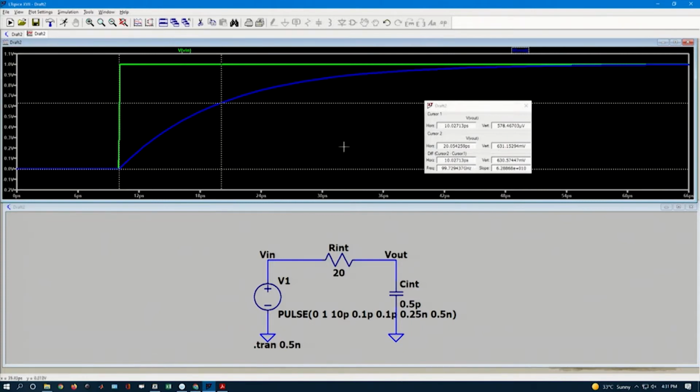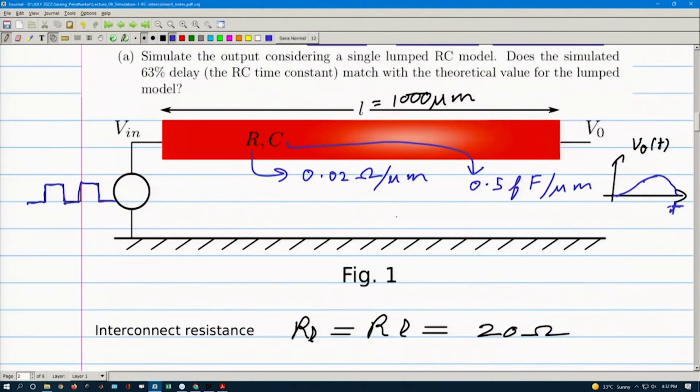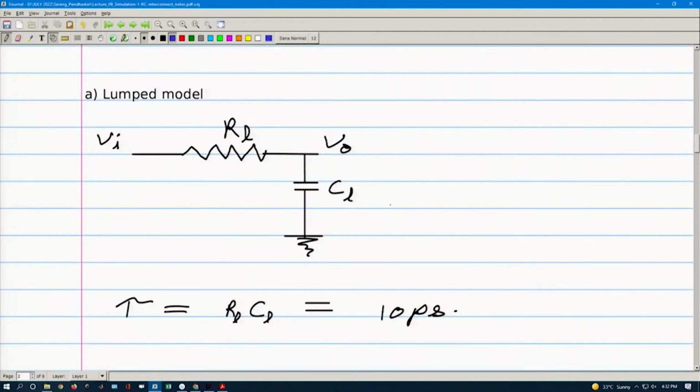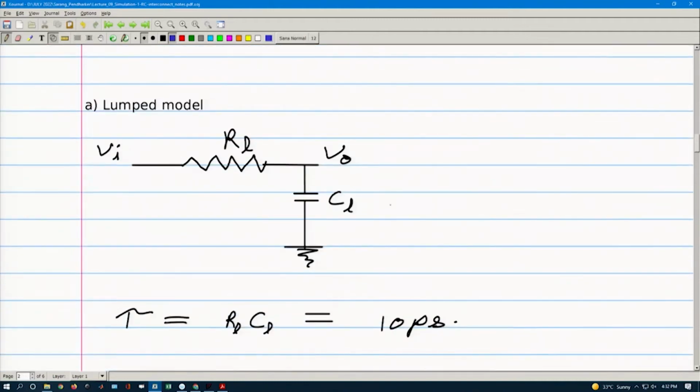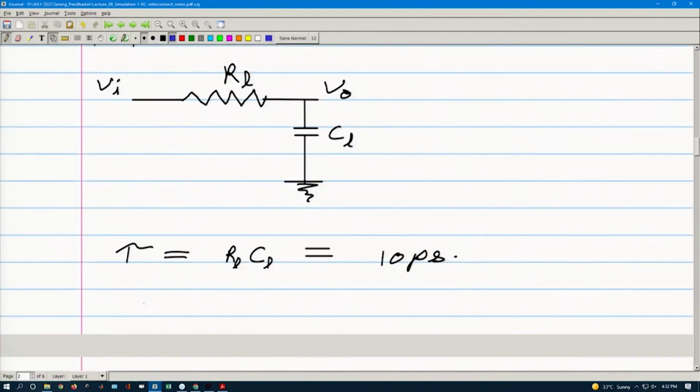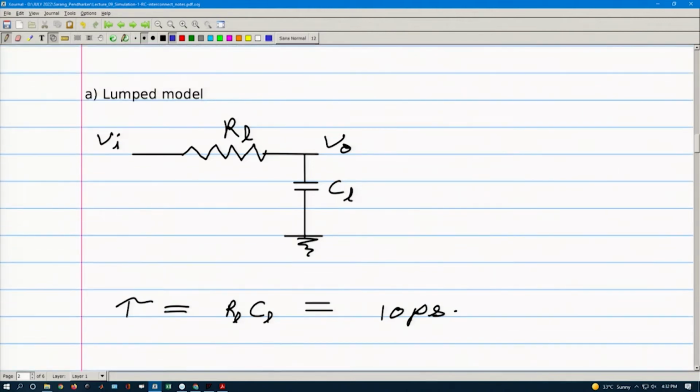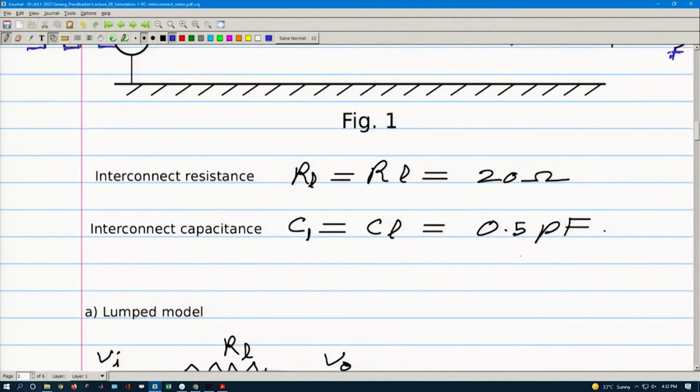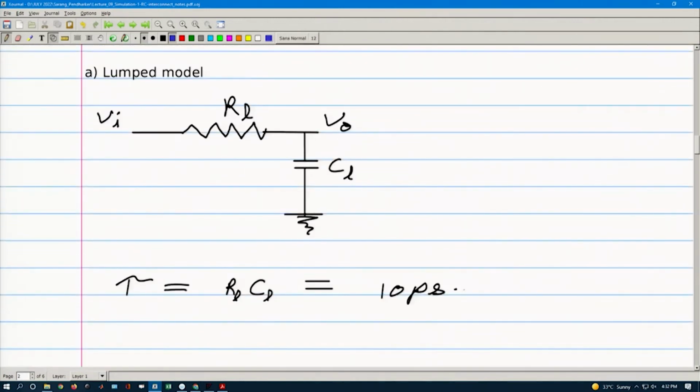This is not very exactly spaced because it is computed at discrete points, but you can see this comes out to be around 10 picoseconds. Now, let us see for the lumped model, do we get that. Your RC delay would be R interconnect times C interconnect, and if you multiply these two, you will get 10 picoseconds. So, that is what you are getting.